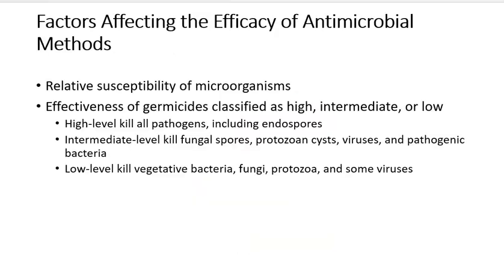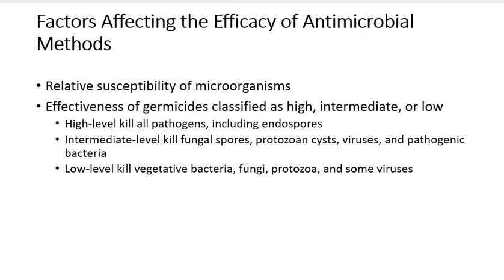All right, some of the things that can affect the efficacy or effectiveness of these methods. First of all, again, what I just talked about, the susceptibility of the microorganism itself. How easy is it to kill? When we use these control methods, we classify particularly germicides as either high level, intermediate level, or low level.